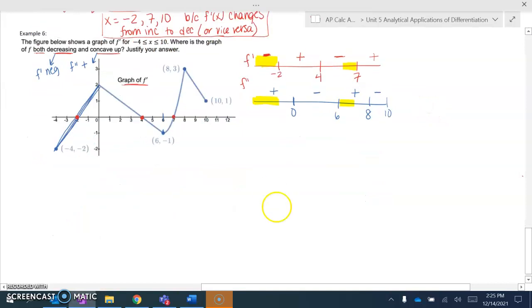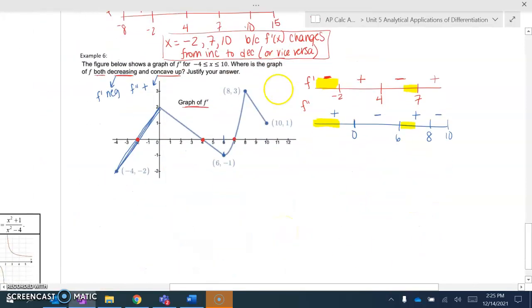So let's write those intervals. f is decreasing and concave up from negative infinity to -2. Oh, excuse me, not negative infinity. Sorry, the graph starts at -4. So -4 to -2, that's my bad.